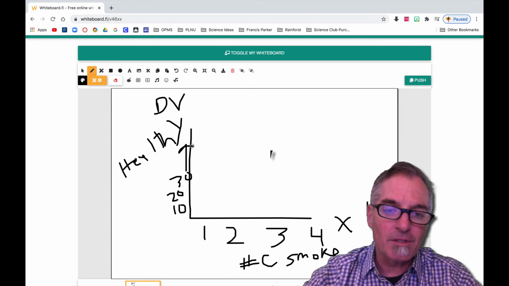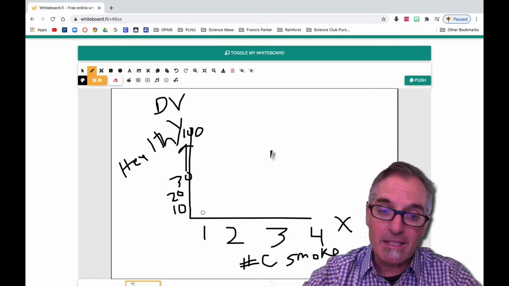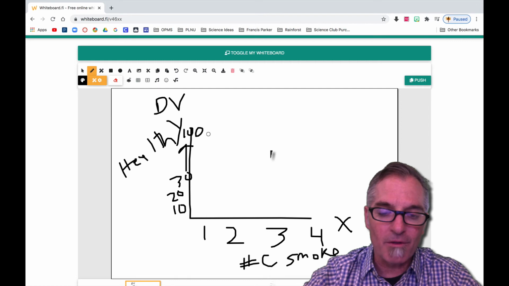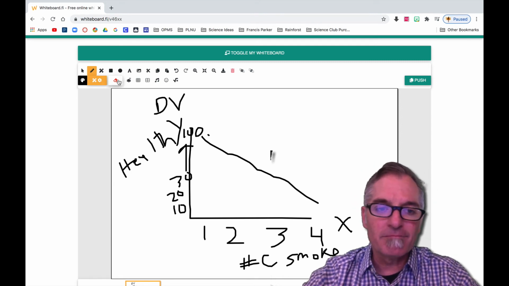It goes all the way up to 100% healthy, and we'd have to have some type of rubric to determine that. So we might see something like this. If this is 100% health up here, it's going to be healthier, and the more cigarette smoke right here, it would be getting more sickly or not as healthy.